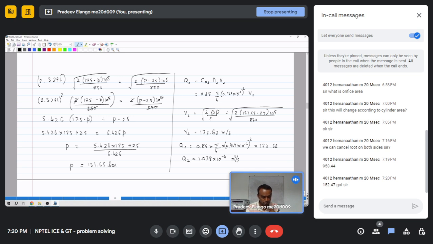So we calculated the volumetric flow rate, and we had everything in SI units, meters and all, so we got meter cube per second.